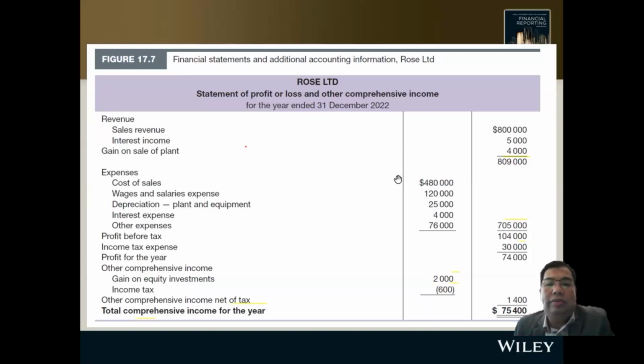You can do the same things for your liability as well, either using this T accounts format. Your deferred tax liability opening is 5,000. Your closing is 8,000. In your income statement, you have the tax effect recognized in other comprehensive income, 600, and the income tax deferred is 3,000.